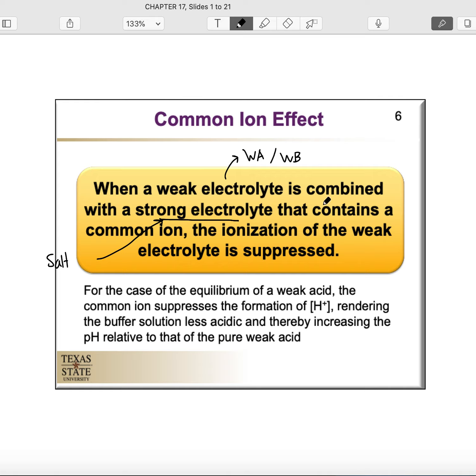And if that salt contains a common ion with the weak electrolyte, then the ionization of the weak electrolyte is suppressed, meaning there's going to be a shift in the equilibrium toward the left, decreasing the extent of ionization or dissociation. So for the equilibrium of a weak acid, the common ion is going to suppress the formation of hydrogen ions, rendering the buffer solution less acidic and thereby increasing the pH relative to that of the pure weak acid.